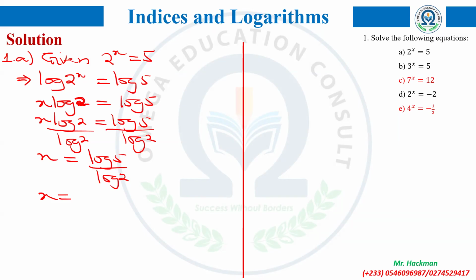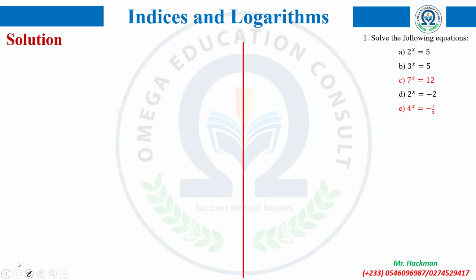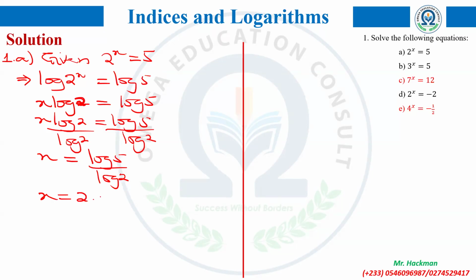Hello, I'm waiting. Hello, what did you get? Come again. 2.321, 2 point what? 3219.